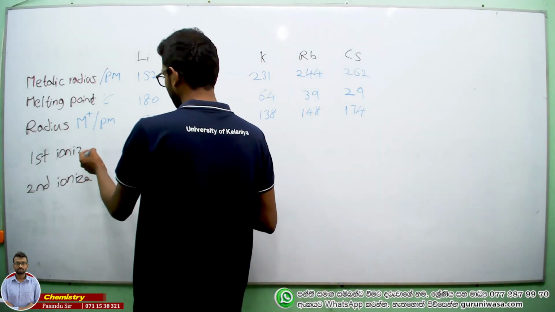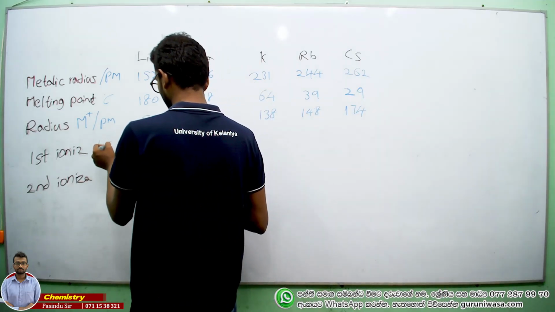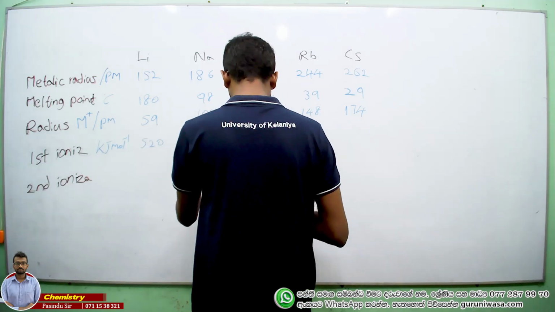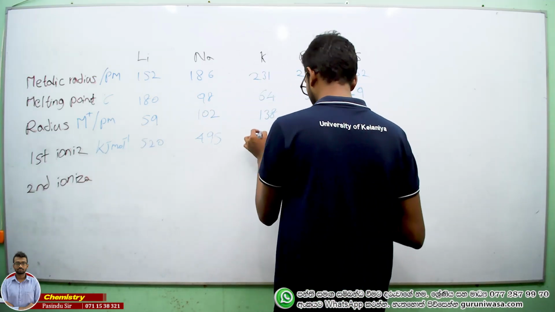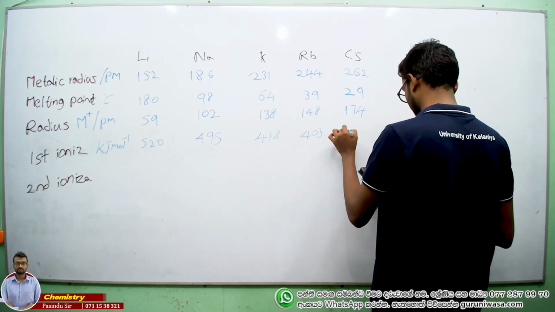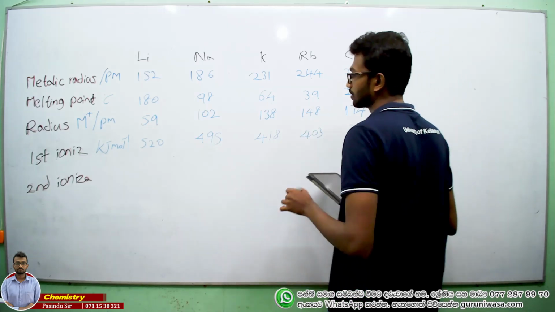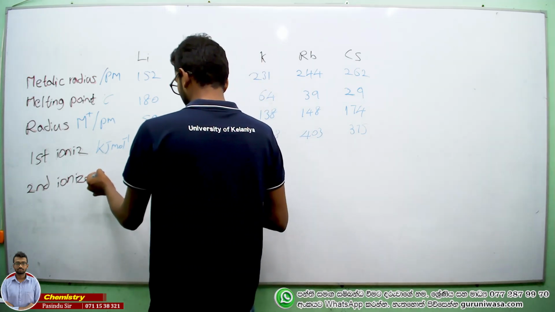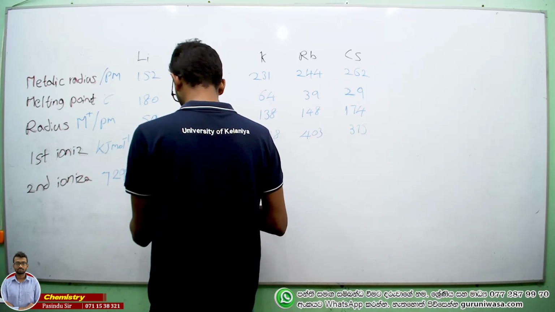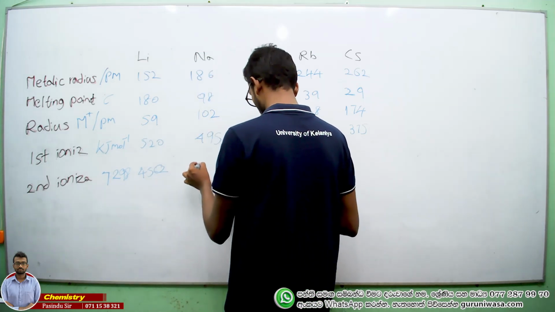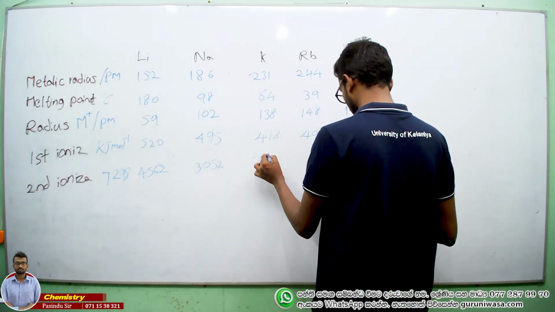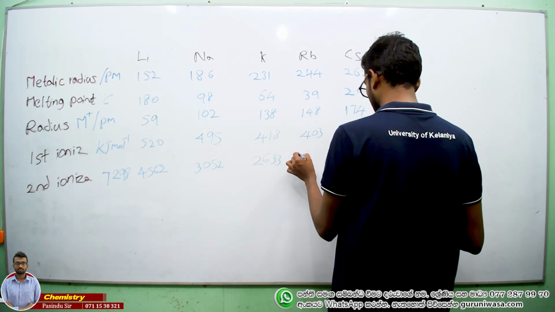Then first ionization energy, kilojoules per mole: 520, 495, you know this pattern, 418, 403, 375. Second ionization is 7298, 4562, 3052, 2633.